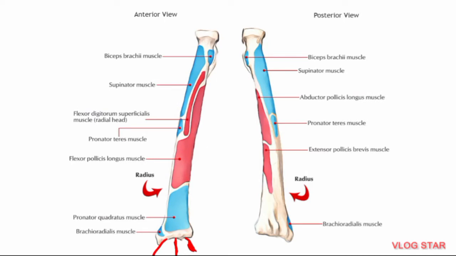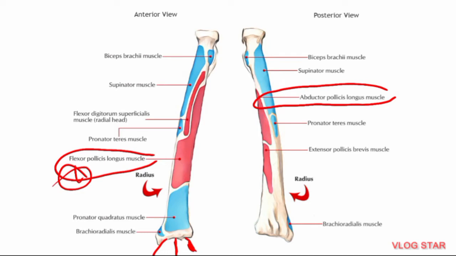Flexor pollicis longus, this is the originating muscle number 1, and abductor pollicis longus is also an originating muscle.